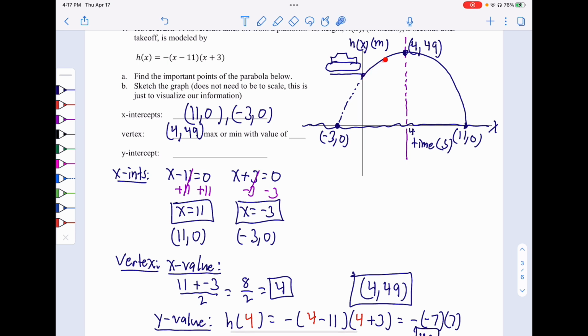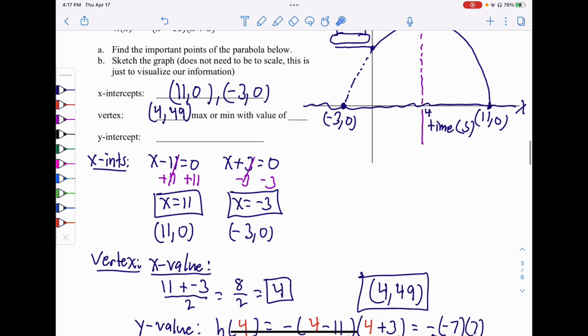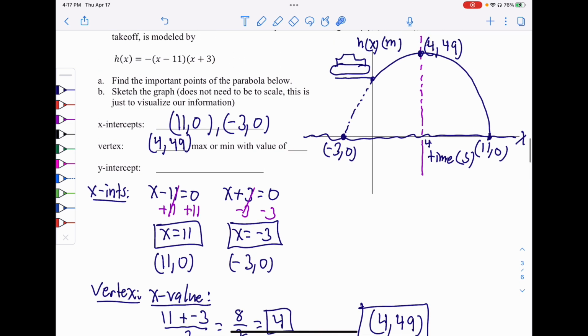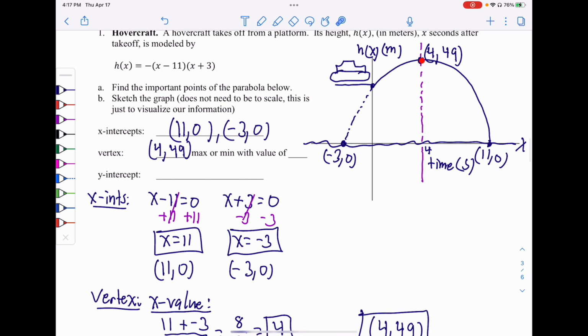So it takes off. Maximum height after 4 seconds is 49 meters. And it hits 0 height at 11 seconds. And to find the original height, we have to find the y-intercept. Right, so y-intercept, and then we can tell this is a maximum of 49.